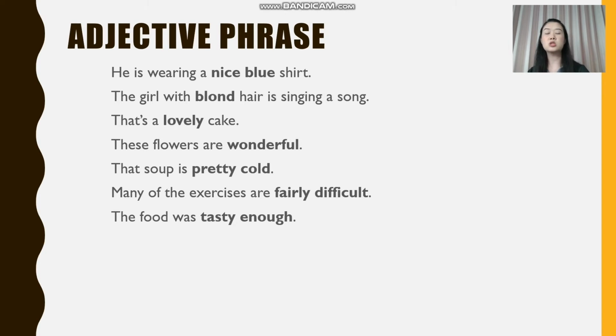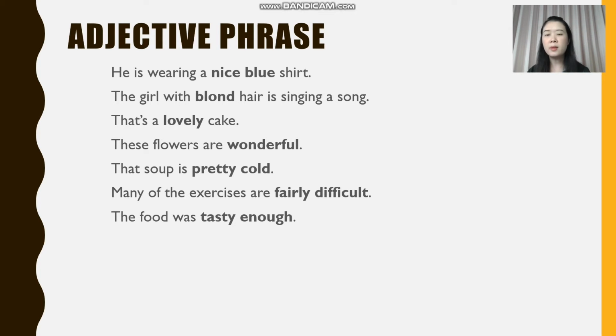We just use the word blonde to modify the word hair. If we go back to the first one, we also use nice blue, this phrase, to modify the word shirt. So that is exactly the same function as the adjective, right? Because we normally use the adjective to modify or to describe pronouns or nouns.